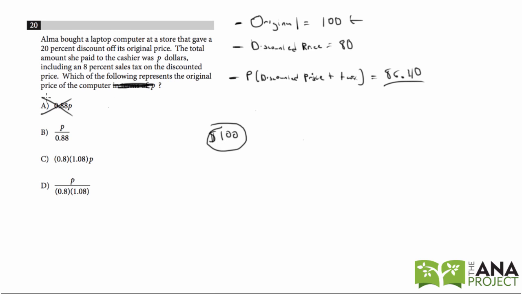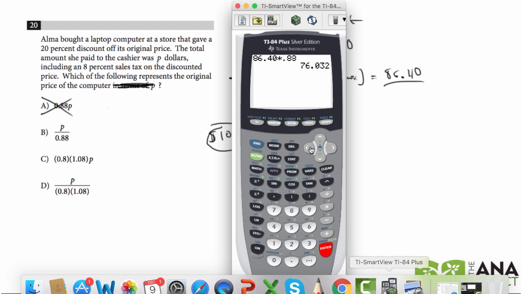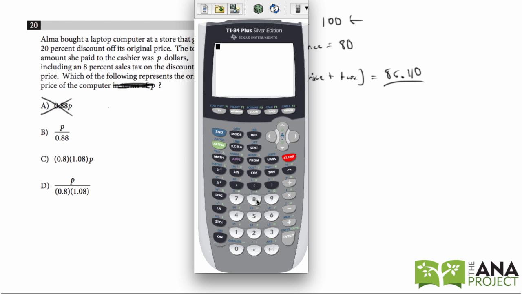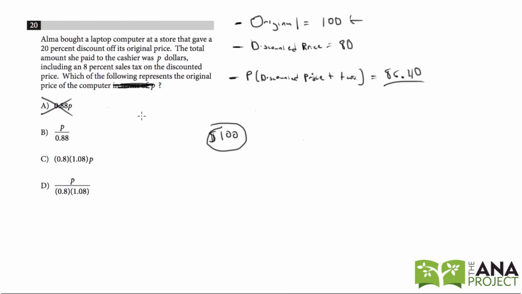That's not $100. Let's try P divided by 0.88. Again, P is $86.40. 86.4 divided by 0.88. That's $98.18, not $100.